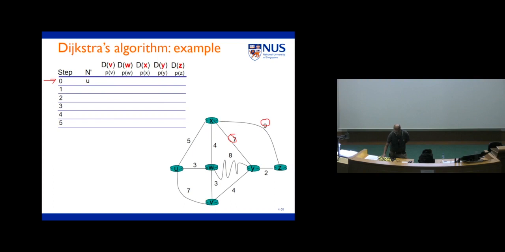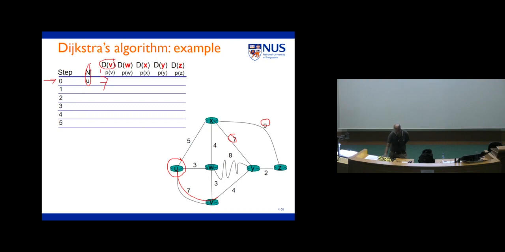We are looking at it from the perspective of node U. So initially N prime consists of node U. What is the cost of going to V? I have a link going to V, so the cost of that is 7.